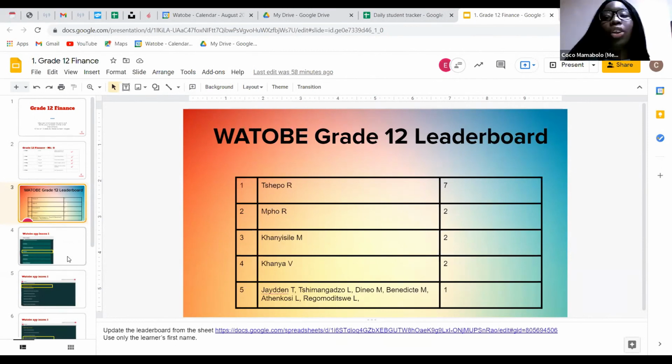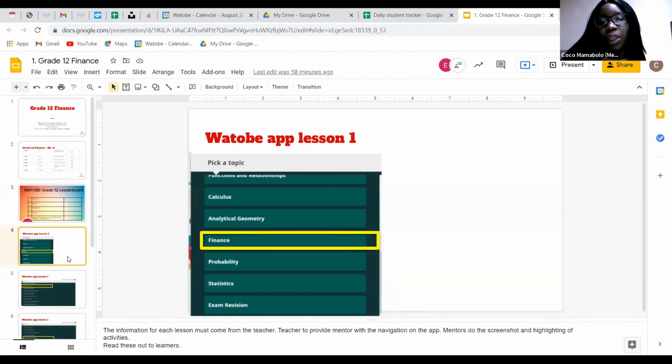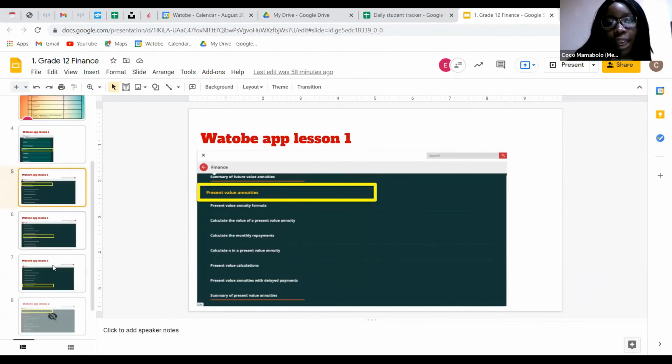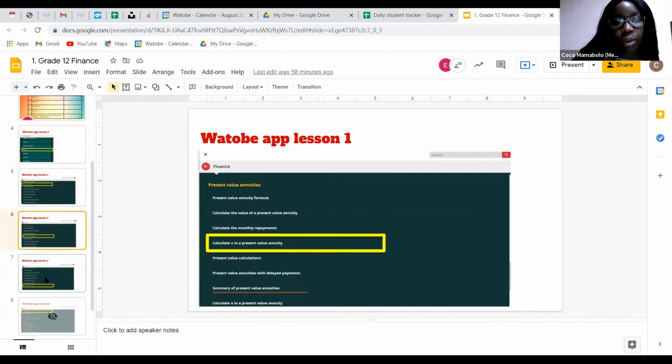Okay, so we're going to look at our homework for this week. Again, we're going to go to our topic on finance, then look at present value annuities. What you're going to do is scroll all the way down to the bottom, but that's not what we're going to be looking at.